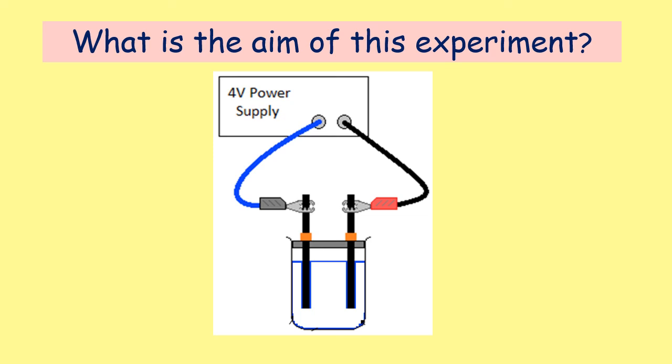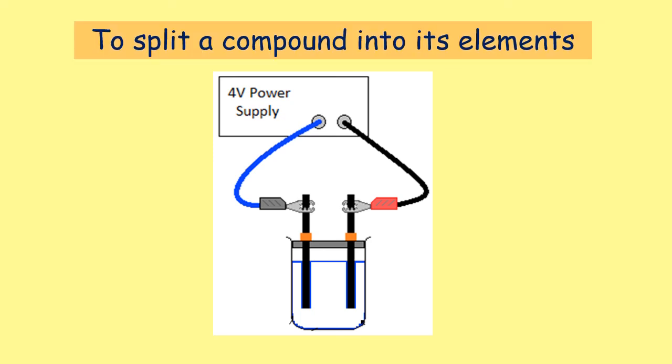Now, what is the purpose of this experiment? Why do we put electricity across a compound? What are we trying to do? Well, the point of this experiment is to split a compound back into its elements.